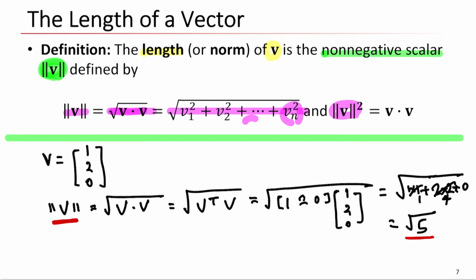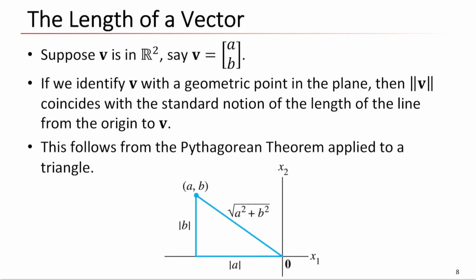The square of the length of the vector v is equal to v transpose v. Why? From the definition. Okay, let's think about the meaning. Suppose the vector v is in the R2 space, and the vector v is something like (a, b).